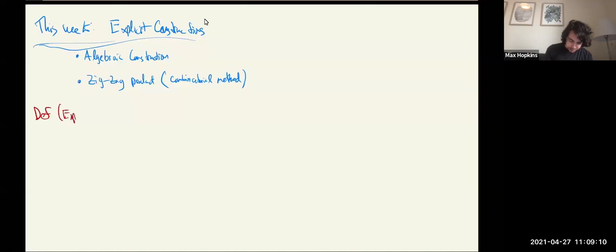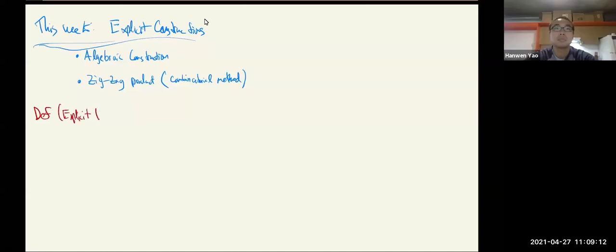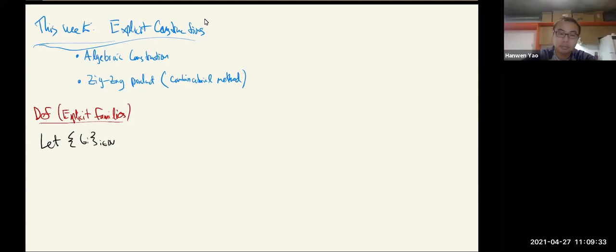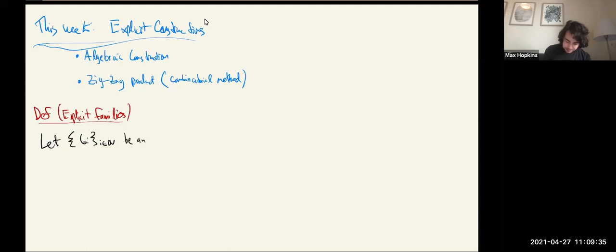Explicit families. Let G_i, where i is indexed by the natural numbers, be some infinite family of graphs. At this point, I don't really care if they're expanders. In the context of this course we'll want them to be expanders, but here it doesn't matter.